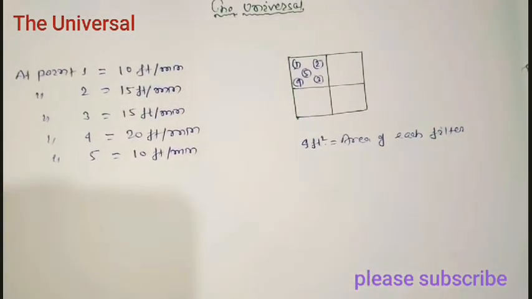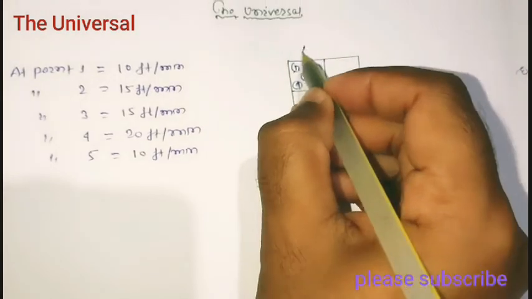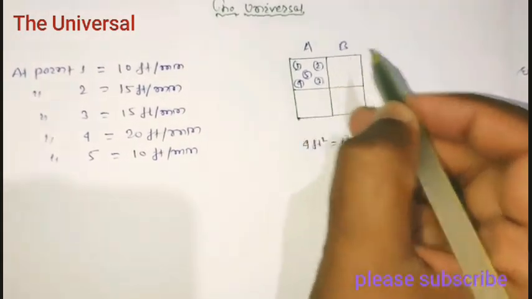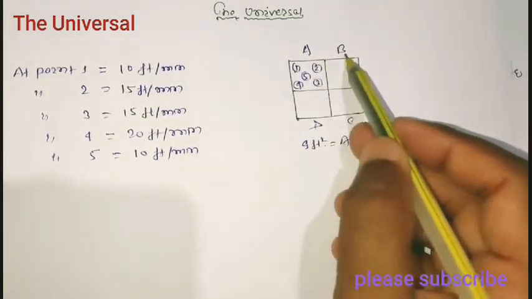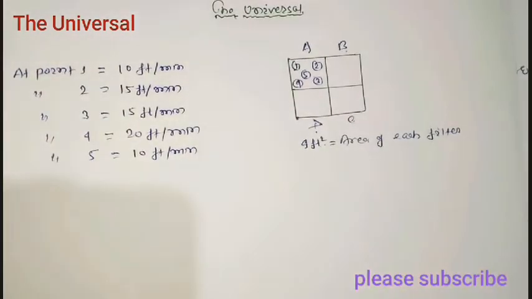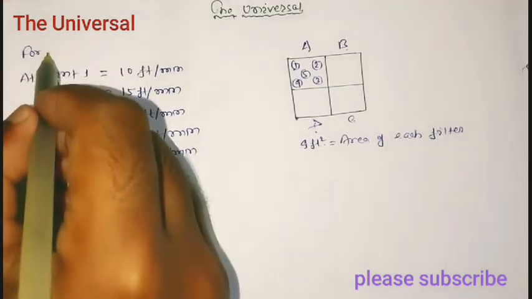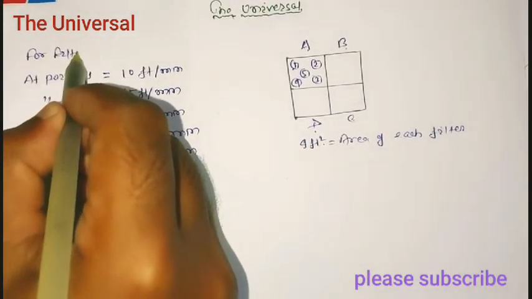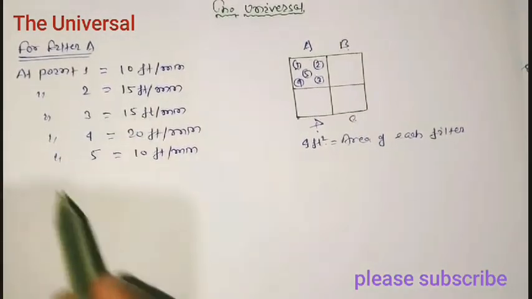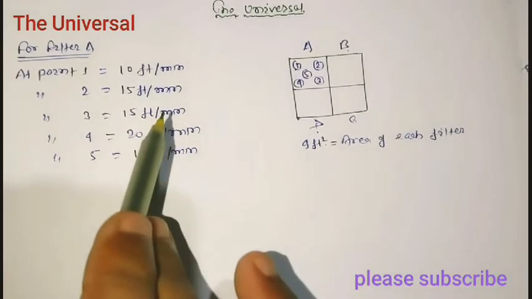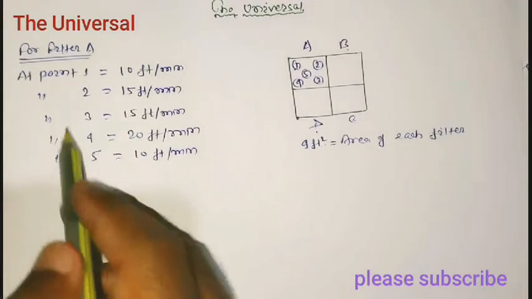Now we will go for the average for this filter. Suppose there are four filters: filter A, filter B, filter C, filter D. For filter A we got some speeds, and now we will take the average of all the points.